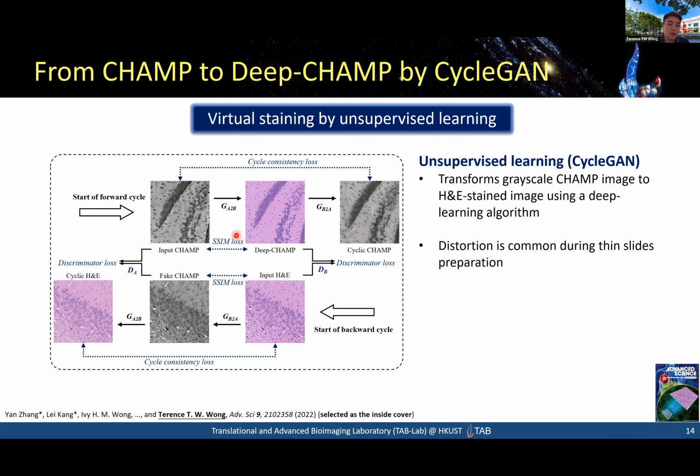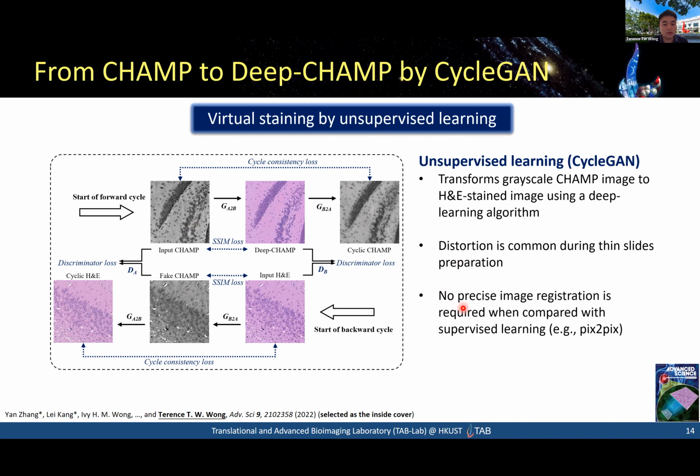But then why we use unsupervised learning is because distortions always occur in thin slice preparation. In other words, if we want to compare the grayscale CHAM image with the H&E stain images, during this sample preparation, because we start with imaging a thick tissue and then compare with a thin tissue, the orientation may change. So there could be some distortion. Not to mention, if we play with thin slices it may not be a problem. So this is very important, because unsupervised learning allows us to not need any precise image registration.